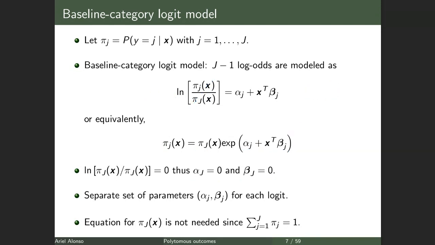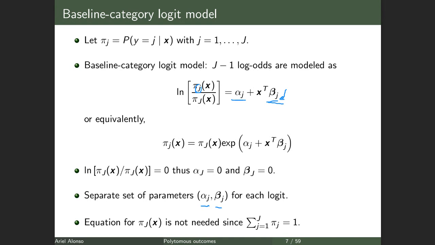Now, there are a number of interesting things here that we need to take into account. You have to see that we consider different parameters for each logit. So in each logit, we have an intercept and we have a vector of coefficients, and these change with j. So when you use a different j here, then you will have different parameters to model that logit.